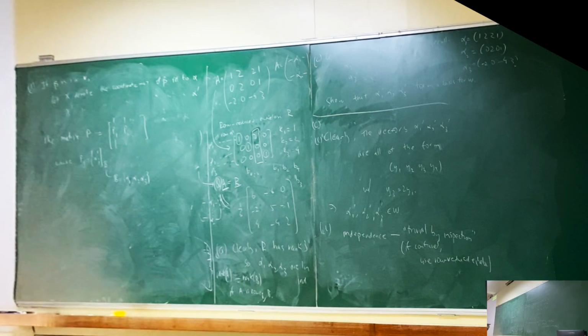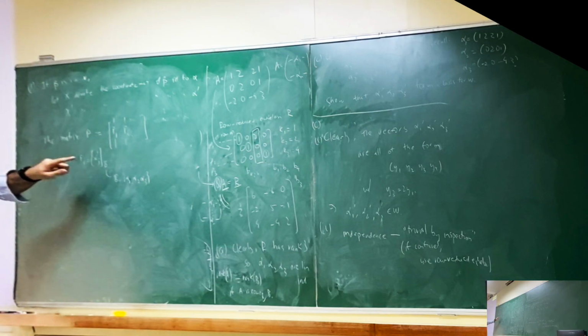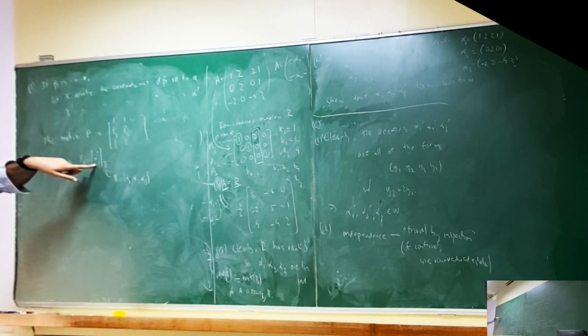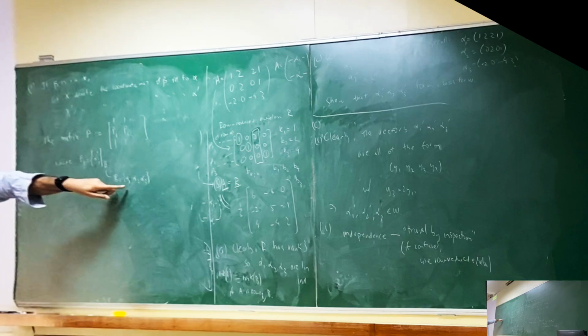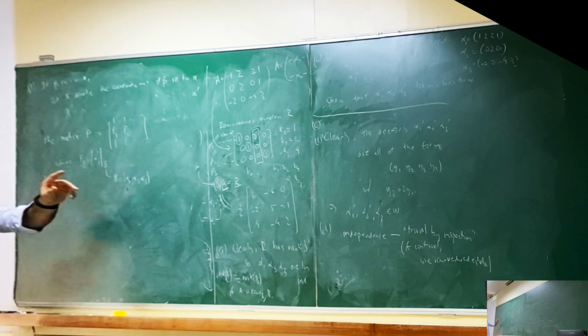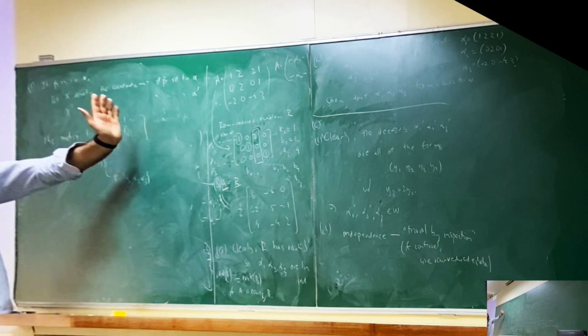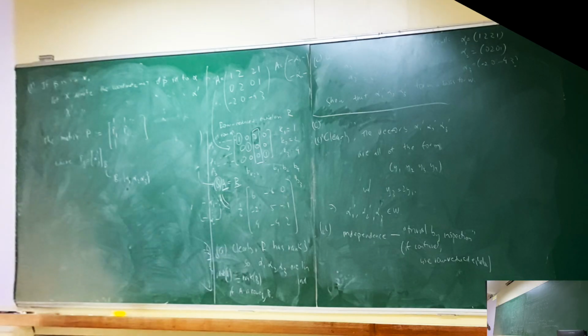So what we are doing is writing the coordinates of the vector alpha prime j relative to the basis alpha, and then stacking them into columns. Is that okay?